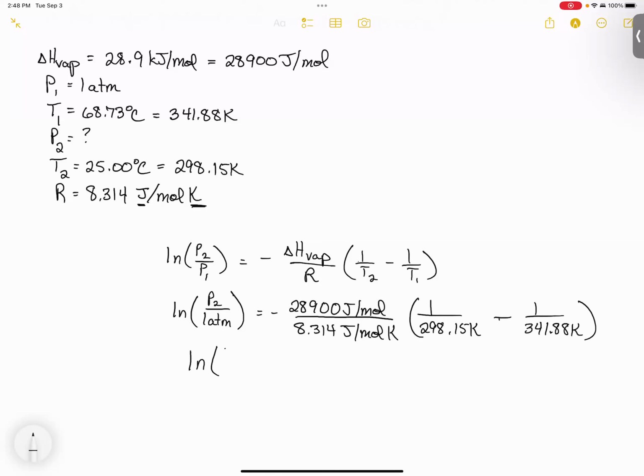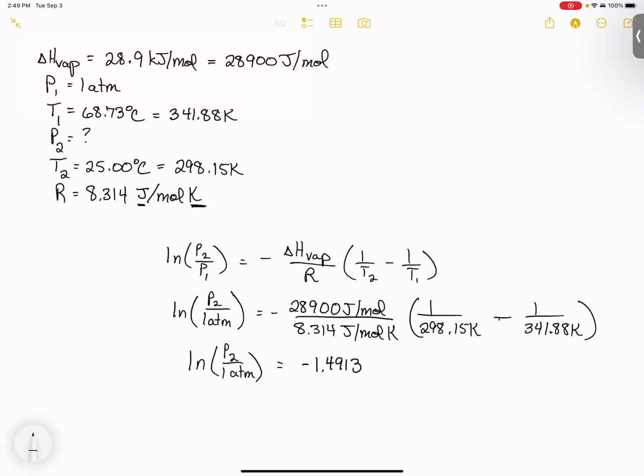Clearing out the right-hand side of this equation, the natural log of P2 over 1 atmosphere is equal to a negative 1.4913.